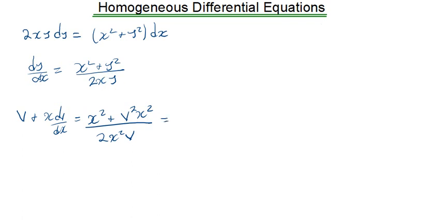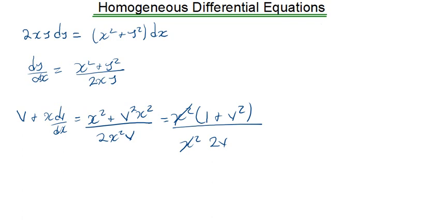So you can factor out the x squared, 1 plus v squared divided by x squared multiplied by 2v, of which I already know that is going to cancel out.